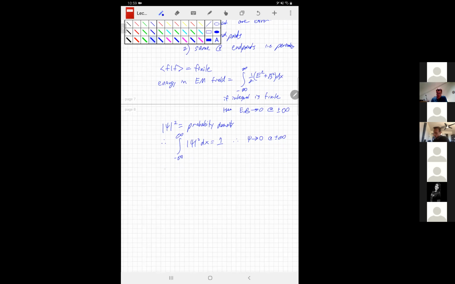Maybe you've dealt with the particle in a box in quantum mechanics. Here are the ends of the box, x equals 0, x equals L, and all of the wave functions look like that, or like that, and so forth. Particle in the box wave functions are 0 at the endpoints.